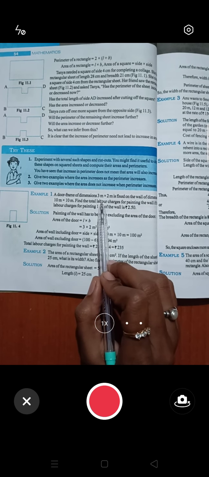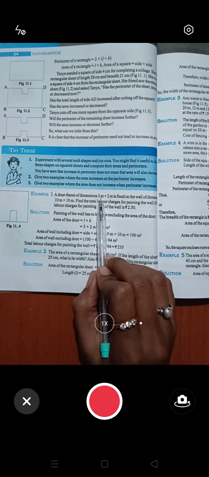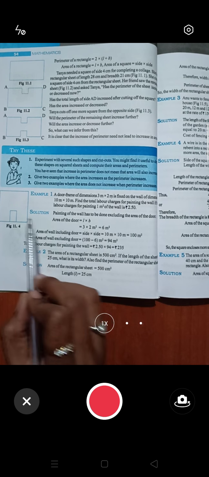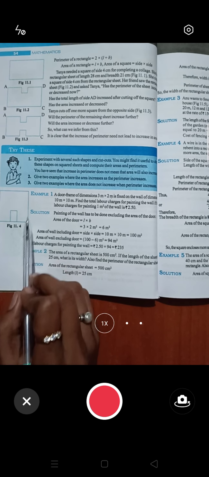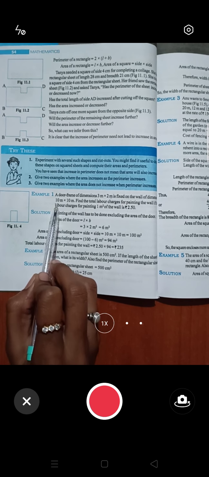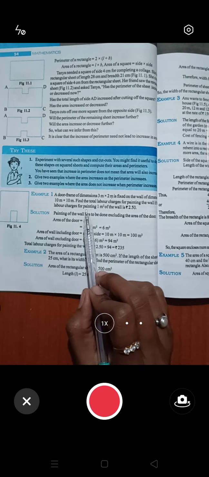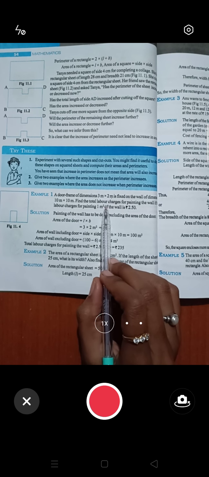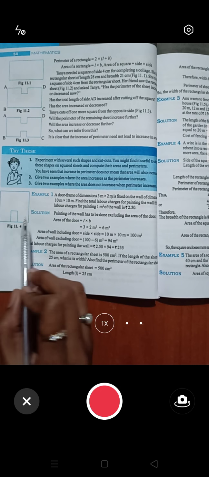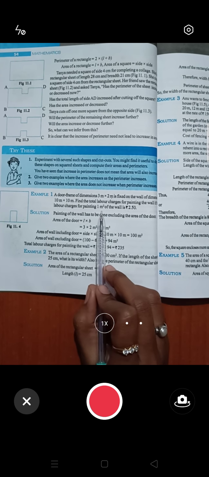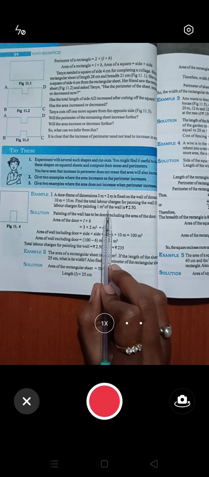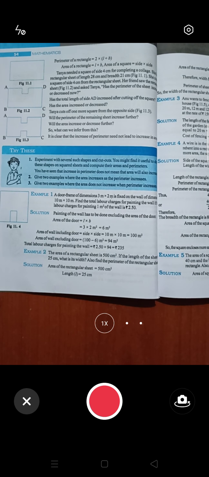The dimensions are 3 meter into 2 meter. This is the length and this is the breadth. It is fixed on a wall. This is the door and this is the wall. So the dimensions of the wall is 10 meter into 10 meter. So we need to find out the labor charges for painting this full wall, if the labor charges is rupees 2.50 for 1 meter square.